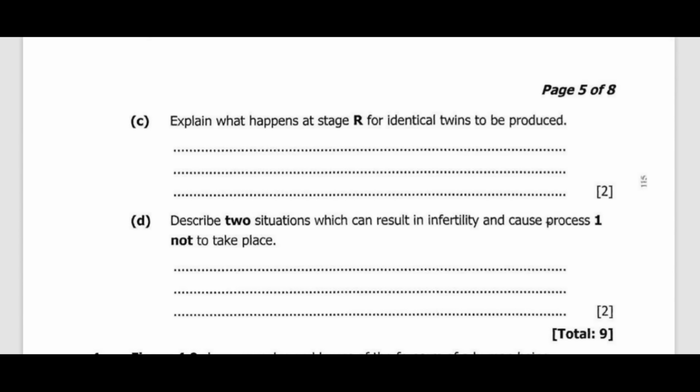Then question C, explain what happens at stage R for identical twins to be produced. So here, what you need to know is that identical twins come from one fertilized egg. So for those to be identical, that means that they were fertilized by one sperm.